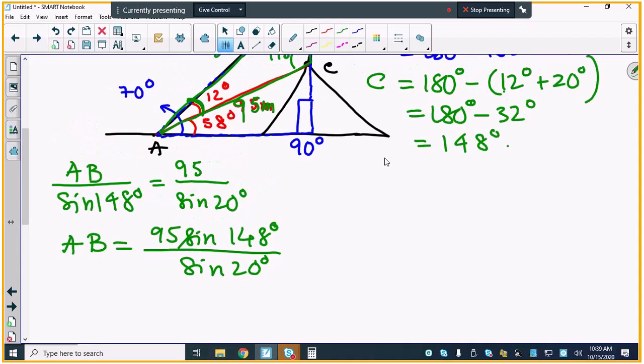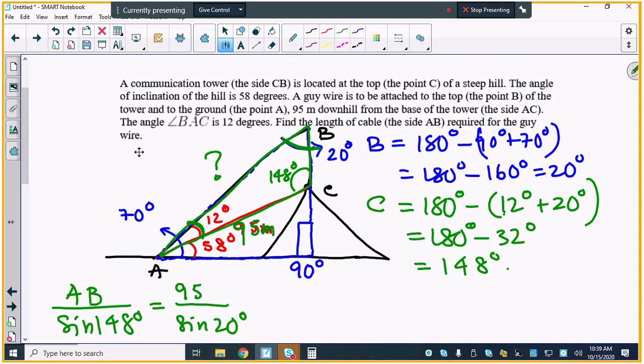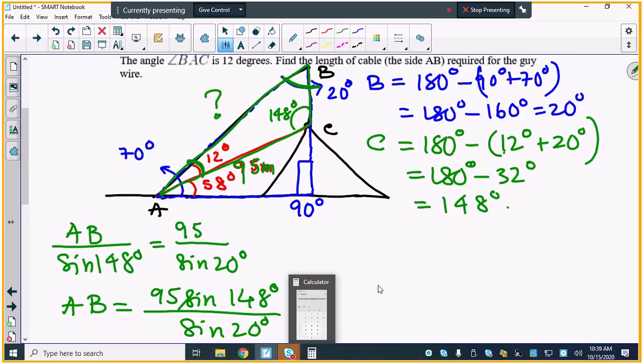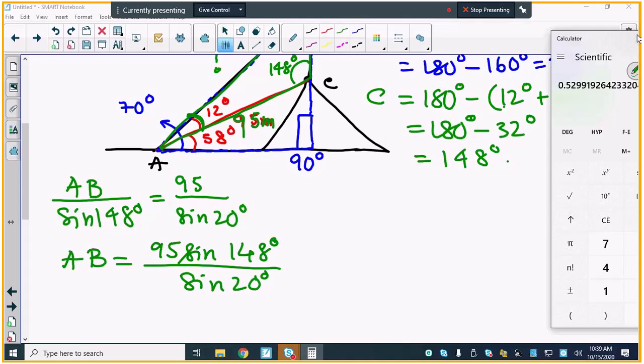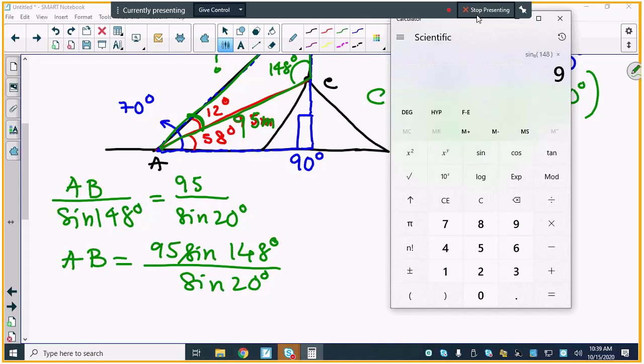And we're going to use our calculator. We wanted the approximate length of the cable. Because no information is given for rounding, we're going to round to the nearest 4 decimal places. So let's see, we're going to find 148 degrees and the sine of that, and then we're going to multiply the length 95 with it.